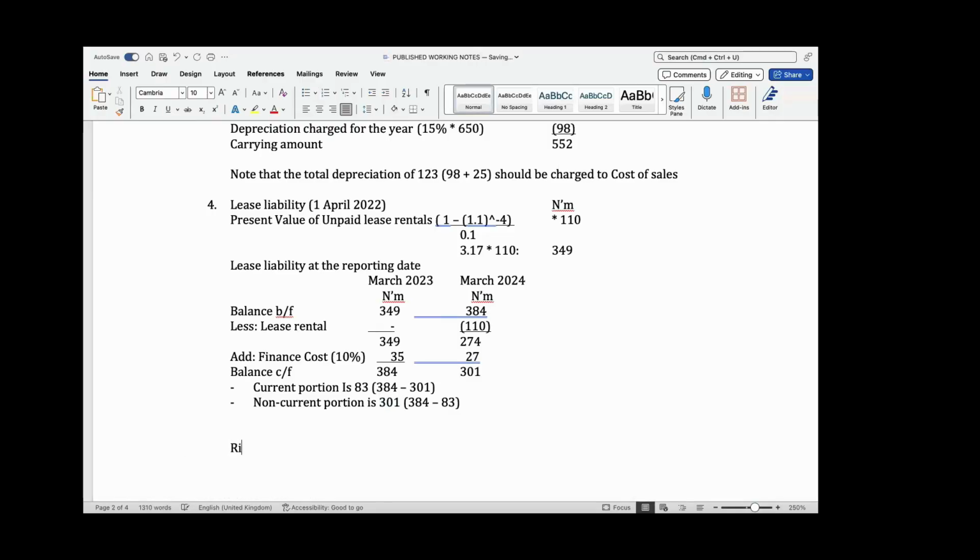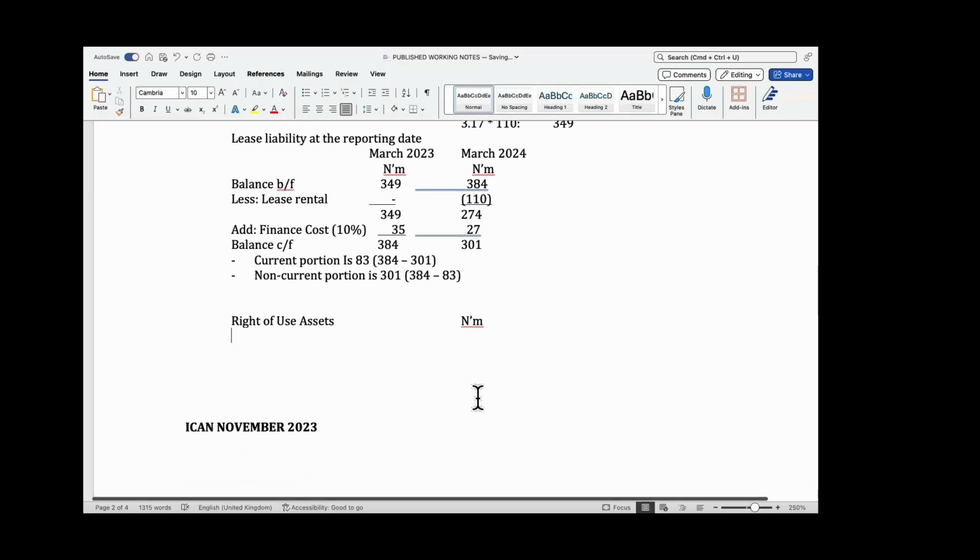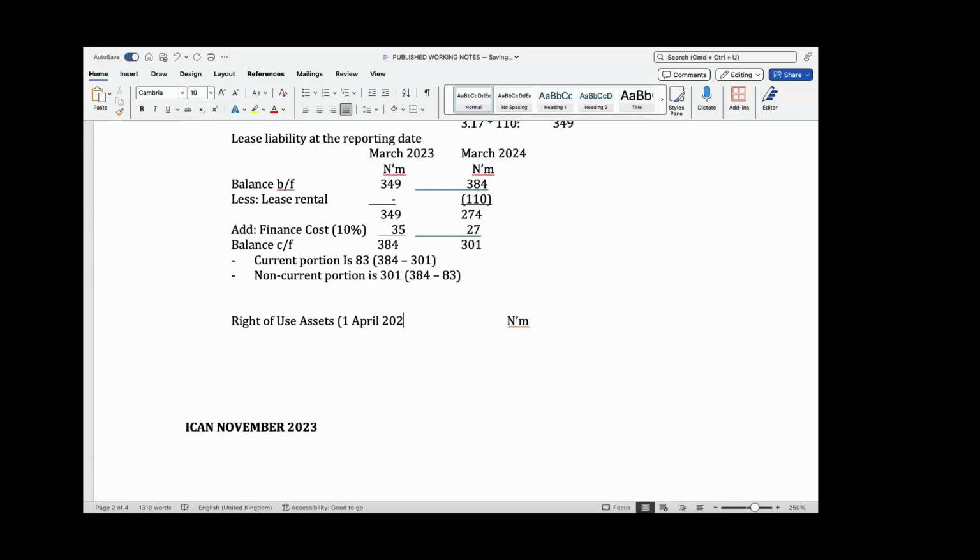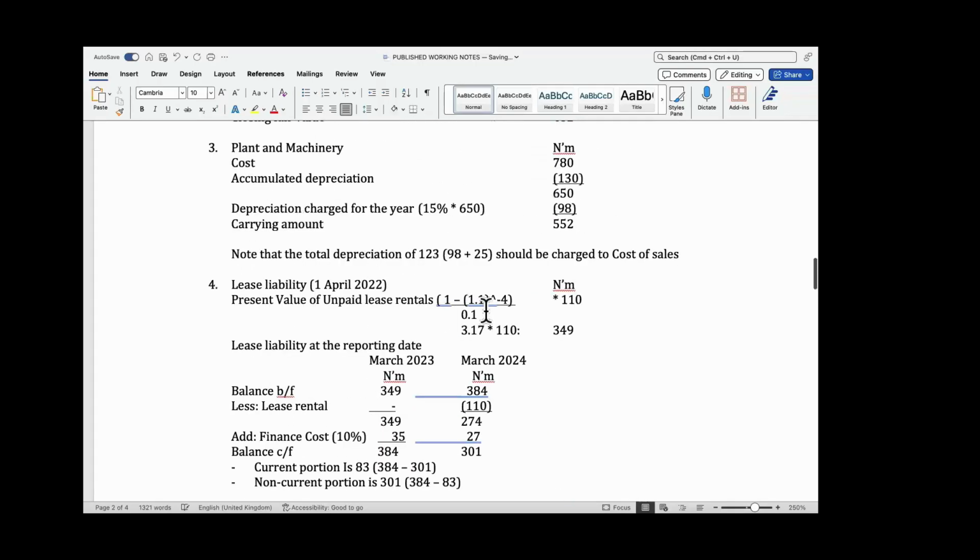So that's the lease liability. For the right of use assets, which is the asset the lessee will recognize as well. First, it recognizes the asset at cost. So at the inception of the lease, which is the beginning of the year, it will first recognize the PV of unpaid lease rentals as the same amount that you recognize as liability, which is this 349.